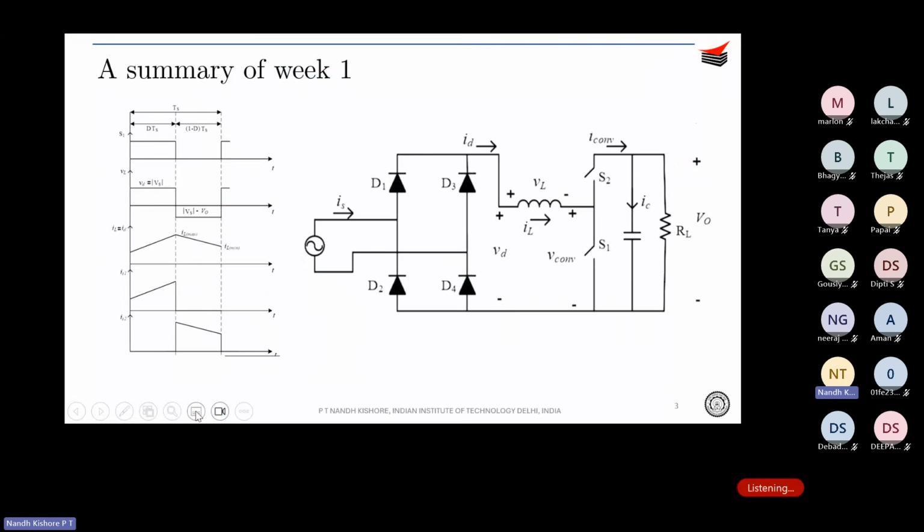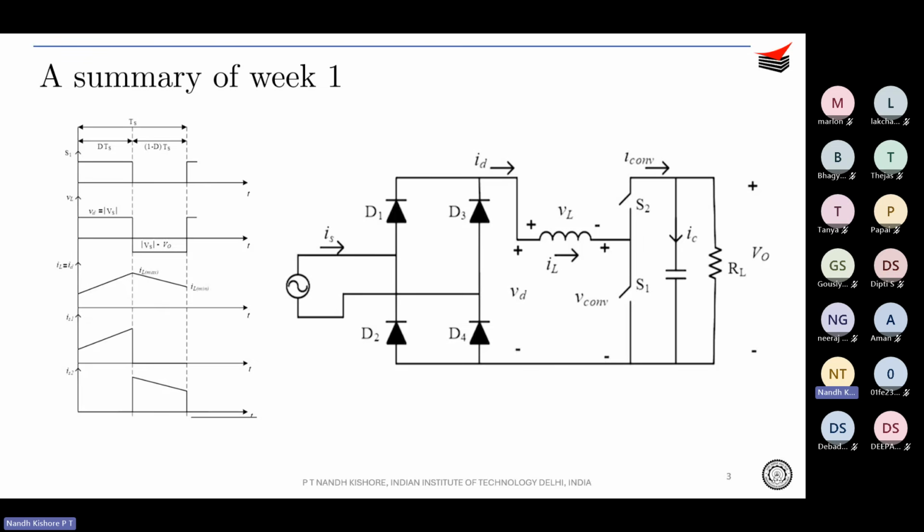One thing is for any converter, any DC-DC converter or for that matter, any converter wherein you have to apply inductor volt-second balance, what you would want to do is identify the path for inductor current during charging and discharging.